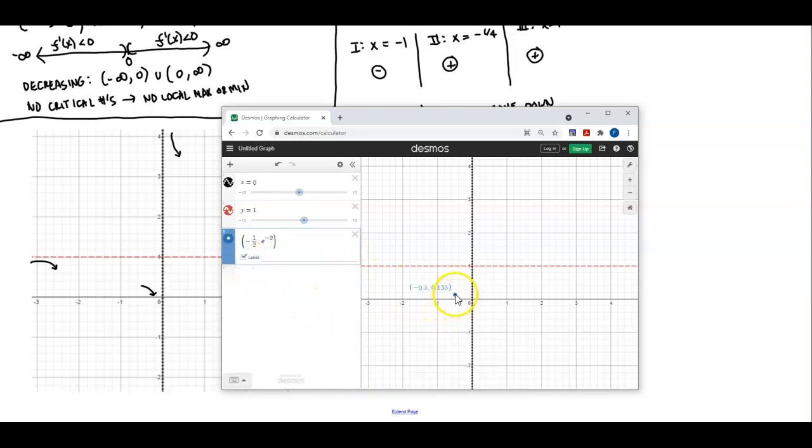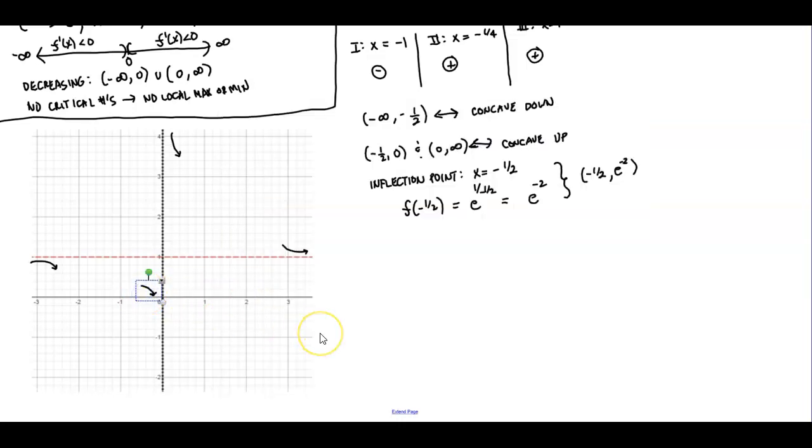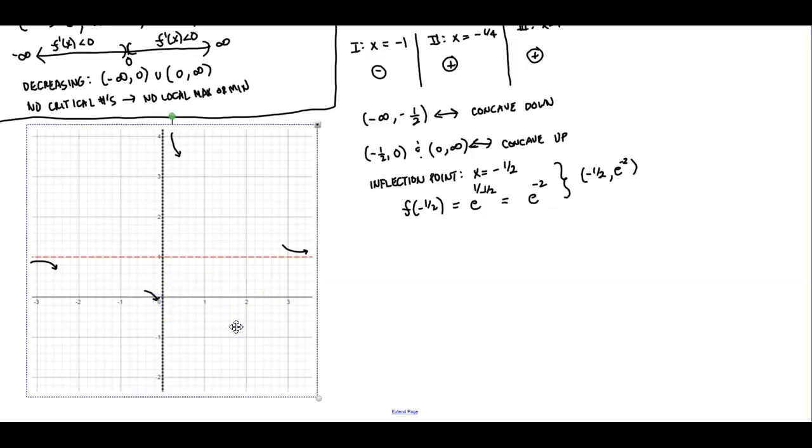We can see that point is somewhere around there, in between 0 and negative 1. So it's a little bit lower. So let me move that this way. So there is the inflection point.